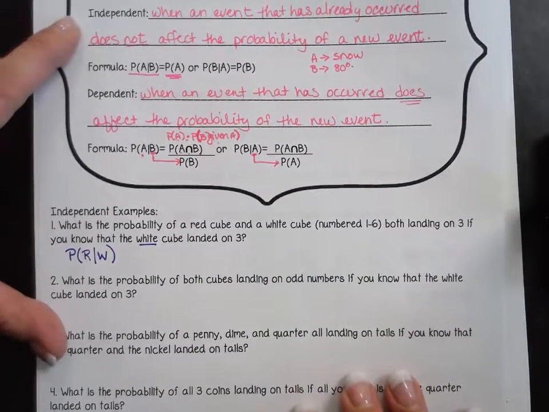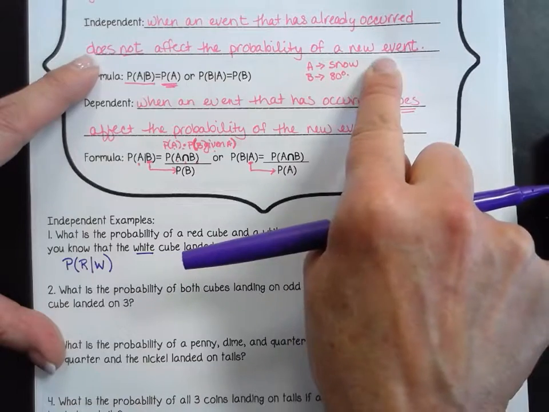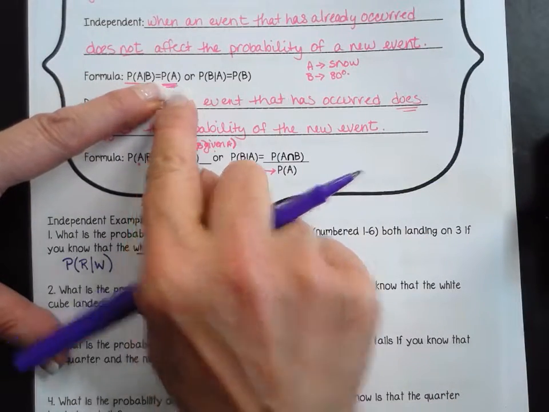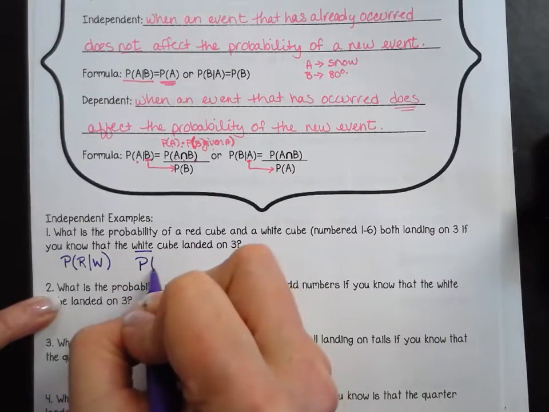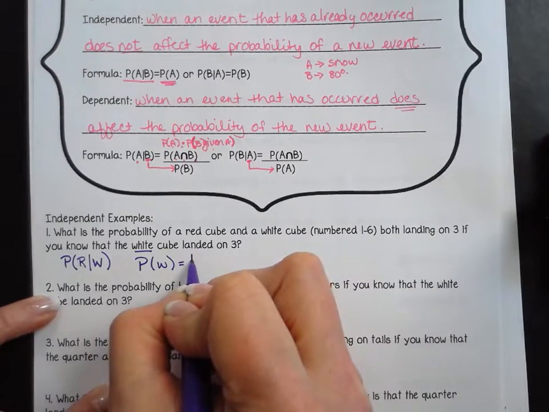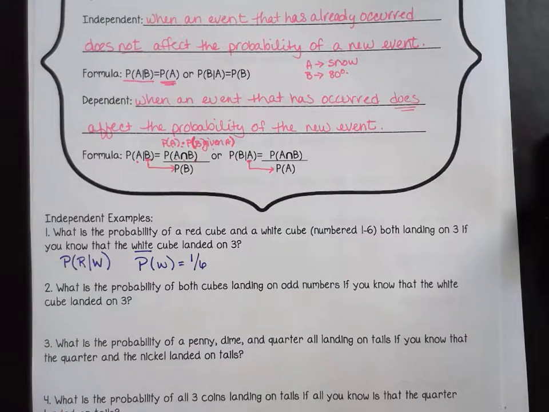So for an independent, it doesn't affect the probability of the new event, so I just find the probability of the one. So what's the probability of the white cube landing on 3? Well, I only have 1 three, and I have 6 sides.